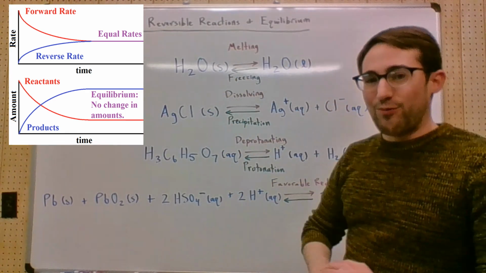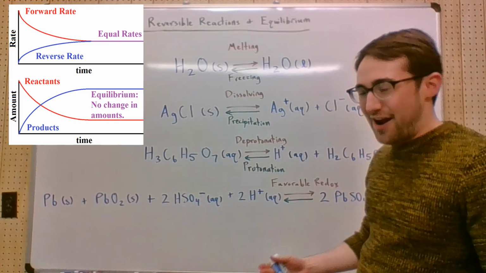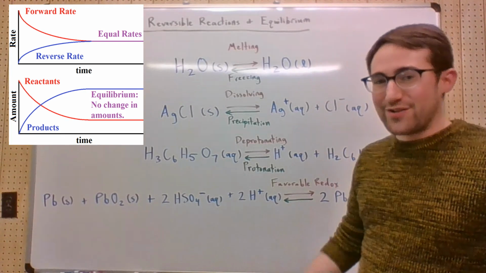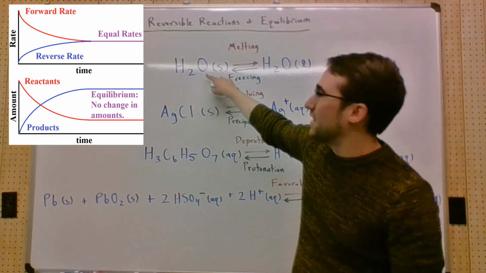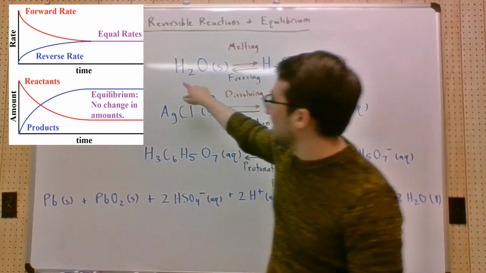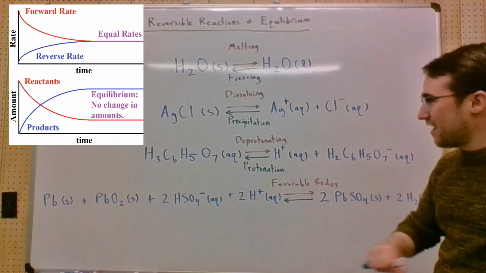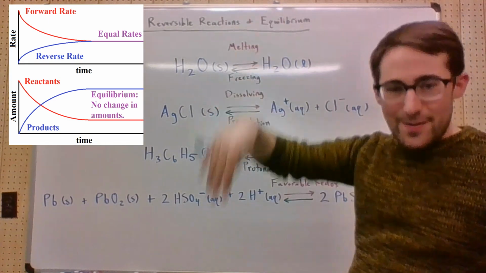In the case of our water, we would not see a change in how much ice is there compared to how much liquid water is there, because as long as we are taking some of our solid and changing it into a liquid, at the same rate we have liquid changing back into the solid. For our acid, we don't see the pH continually change back and forth, going up and down.